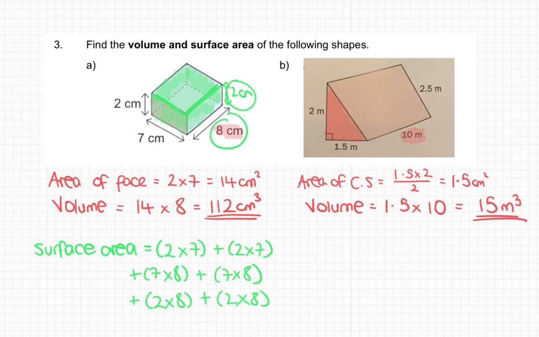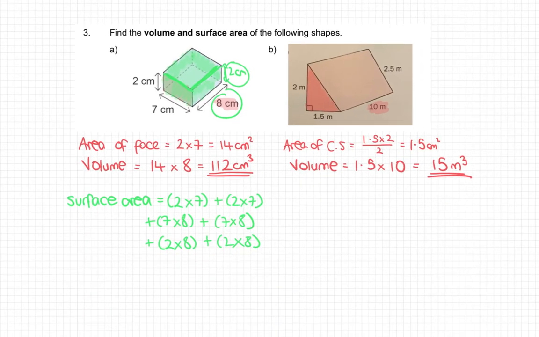If you'd rather do it with numbers from the start, that's absolutely fine. We could say that this front bit is 2 times 7, that's 14, plus the one at the back is also 14, plus 7 times 8, that's this top bit, and the same on the bottom, 7 eights are 56, plus 56.